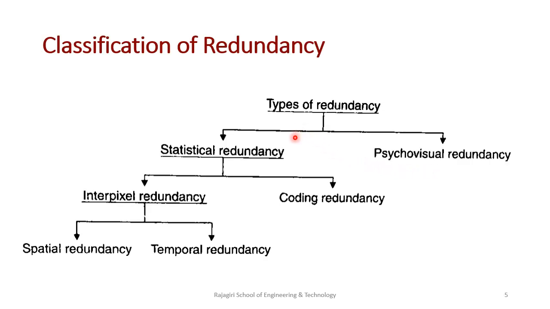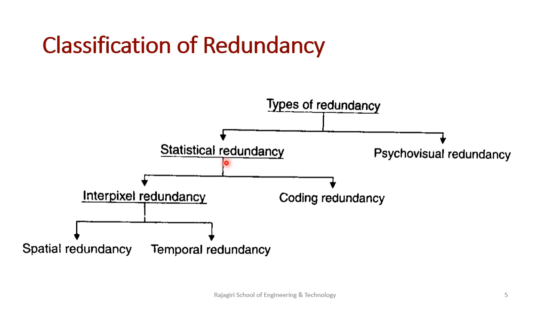Redundancy can be classified into two kinds: statistical redundancy and psychovisual redundancy. Statistical redundancy is based on the statistical analysis of digital images, whereas psychovisual redundancy is associated with the characteristics of the human visual system.